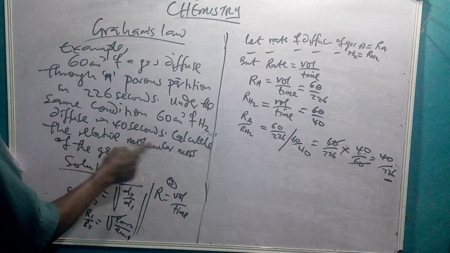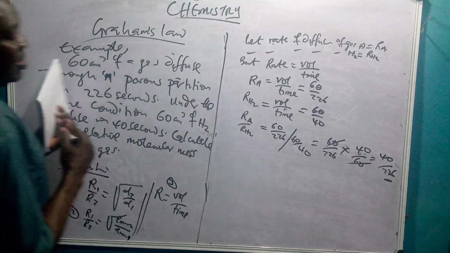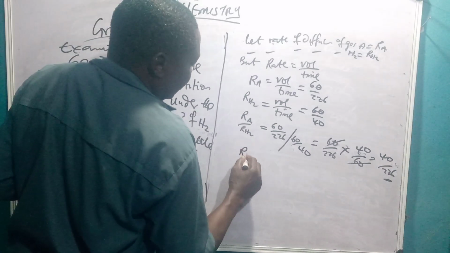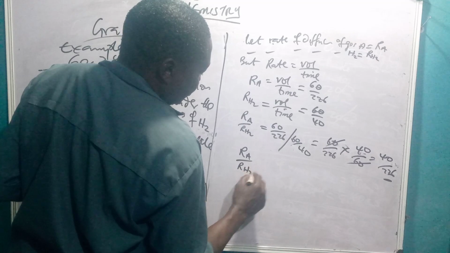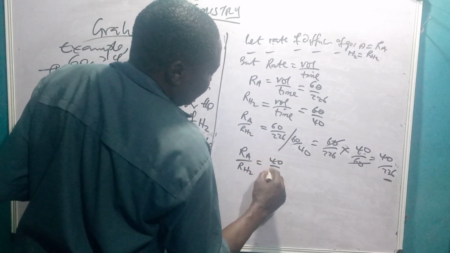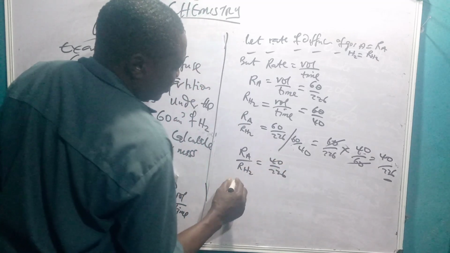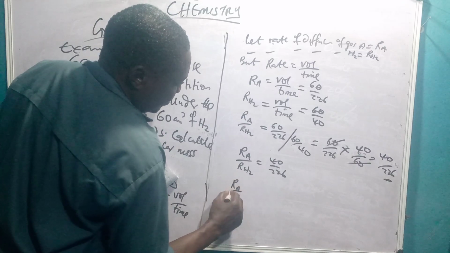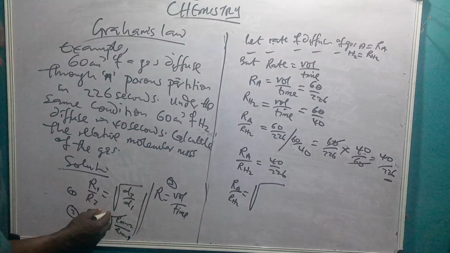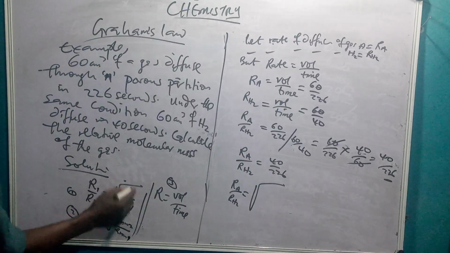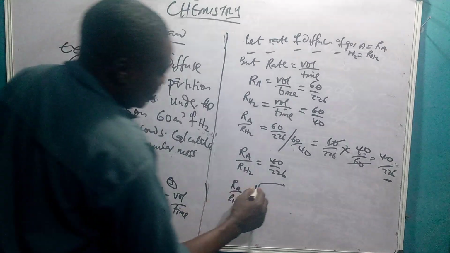Now the question says calculate the relative molecular mass of the gas. So remember we already have RA, A is the unknown gas, over R_H2 equals 40 over 226. And we know that RA over R_H2 equals square root of, remember this formula, if we are dealing with density, use it. Here we are dealing with relative molecular mass.